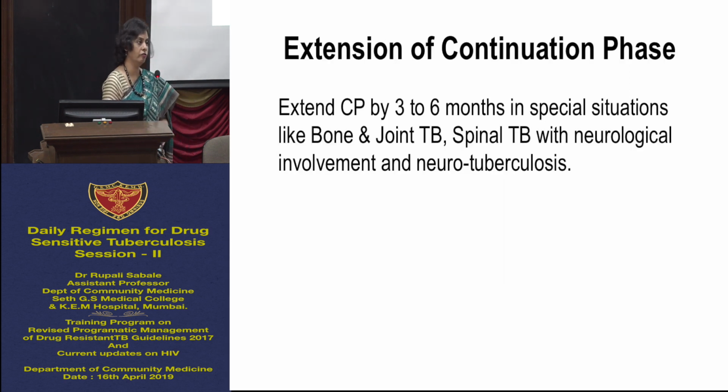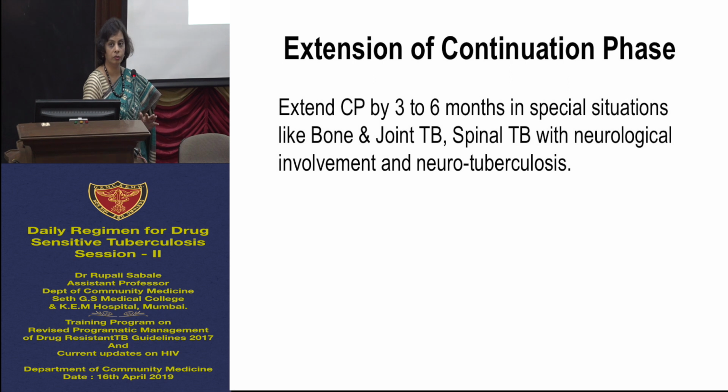Extension of continuation phase we can do for some extrapulmonary tuberculosis, such as neurological involvement or bone or joint TB patients. In that case, continuation phase will be extended. In this daily regimen, intensive phase is not extended. After 2 months, we start with the continuation phase. So no extension of intensive phase.